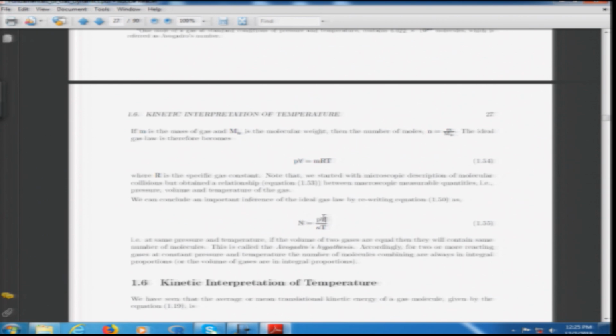That means if two gases have the same volume, their number of molecules interacting or mixing with each other is essentially the same. This is termed Avogadro's hypothesis. It also says that if two gases are interacting with each other, then their volumes at one particular pressure and temperature are always in integral proportion.